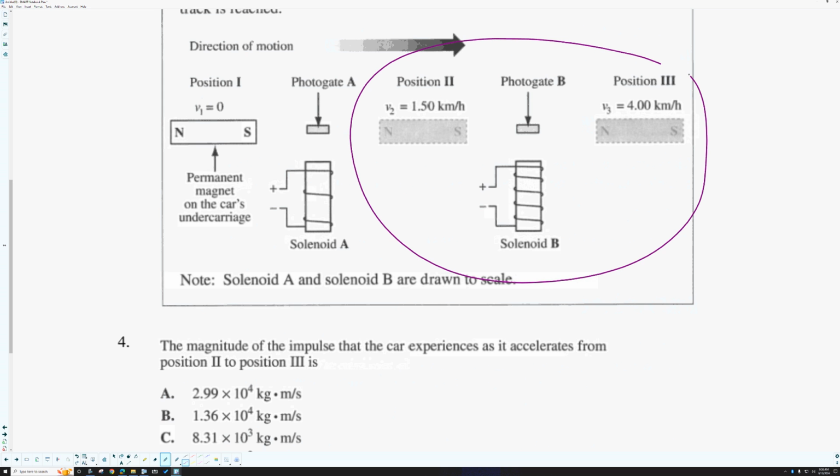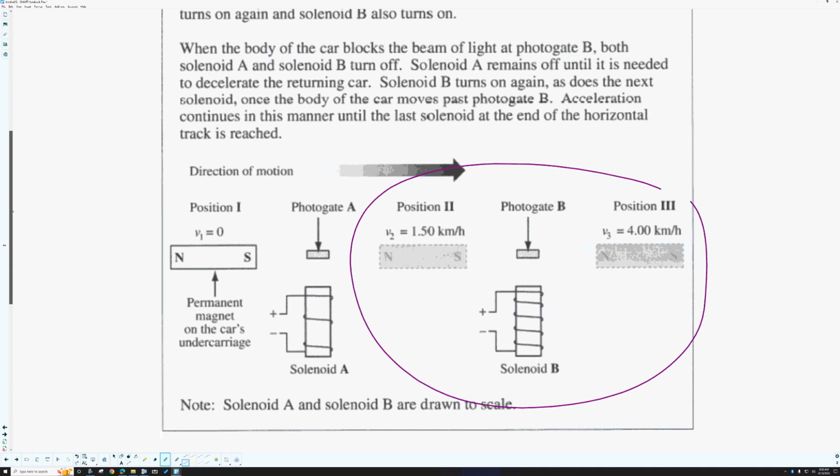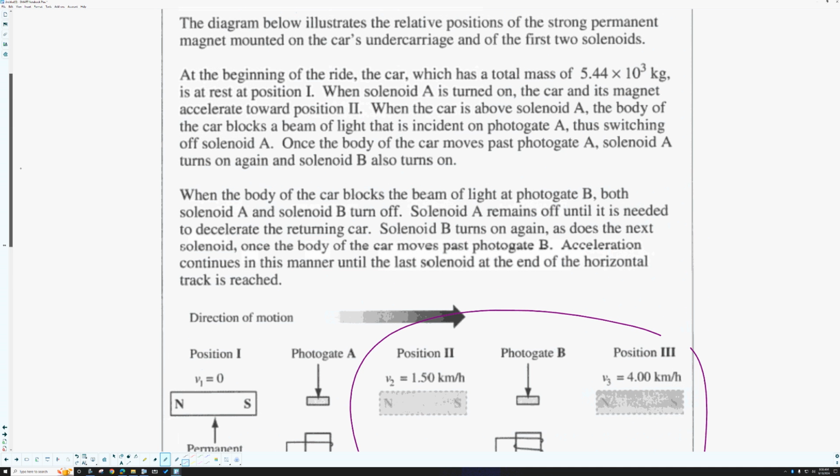Okay, we're looking for the impulse the car experiences as it accelerates from position 2 to position 3. I'm going to say m times delta p. The mass I do need from somewhere else. I've got to find the mass somewhere. 5.44 times 10 to the 3. Notice I'm not looking for all kinds of stuff in this information. I'm looking specifically for mass because I know that's what I need that's not down there in the picture.